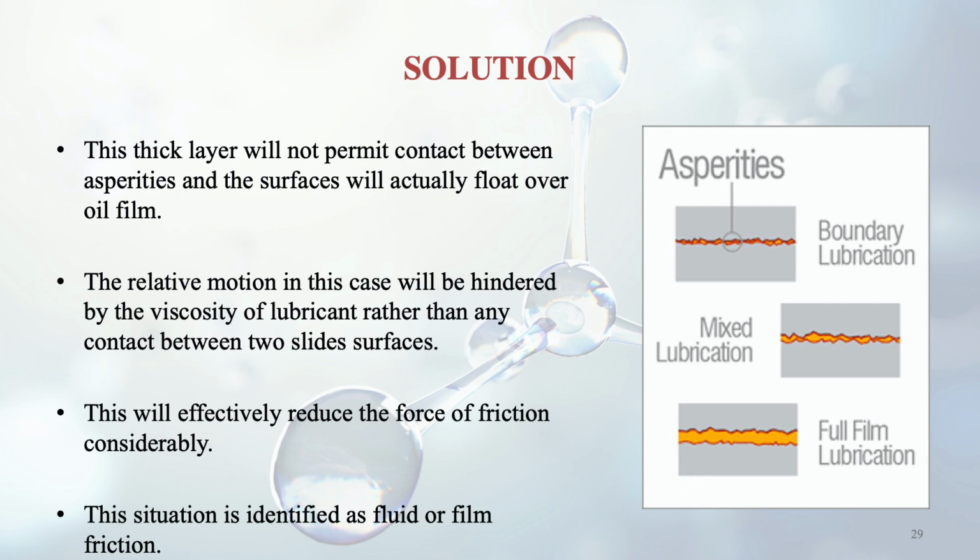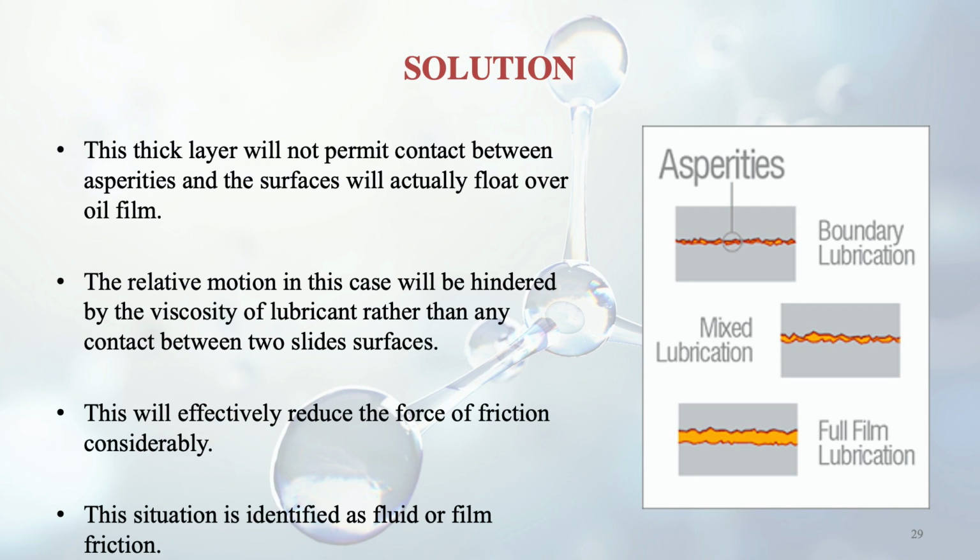So in the figure also you can see how the asperities are there between the two surfaces. Then there is the boundary lubrication, where the thickness of the oil film is less, whereas in the case of fluid film lubrication the thickness of the lubricant layer is more.